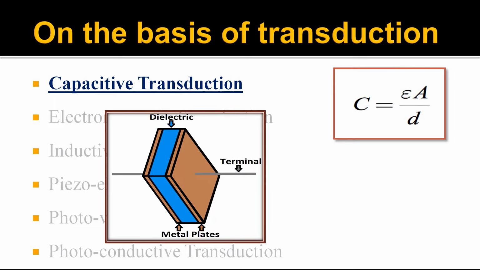Let us consider an example of measuring distance traveled by an object. This change in distance from home position to some other position can be converted into change in the capacitance by varying any of the three parameters.